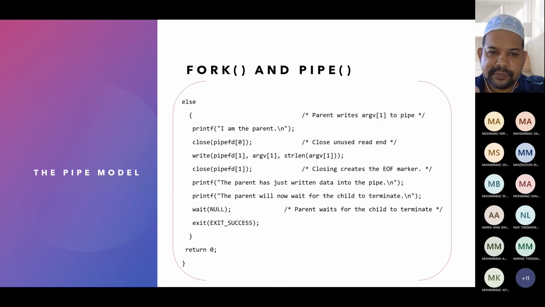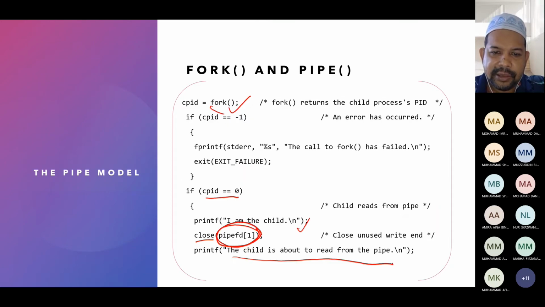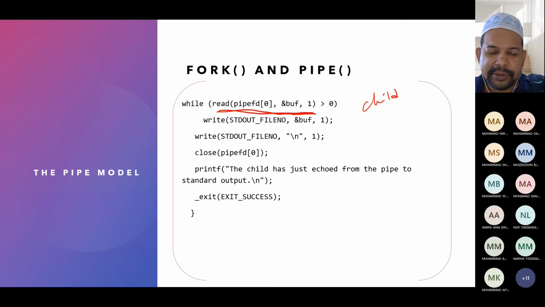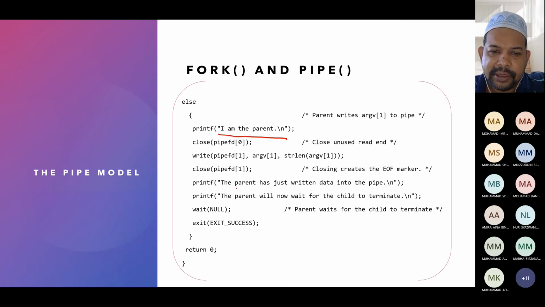Ni kita parent. So kalau kita adalah parent, yang ni ada lagi ya. Ini close and then child. Kita parent akan write dalam pipe.